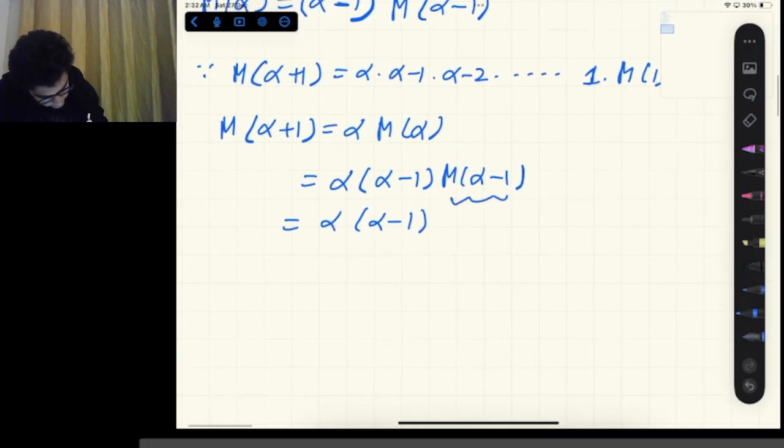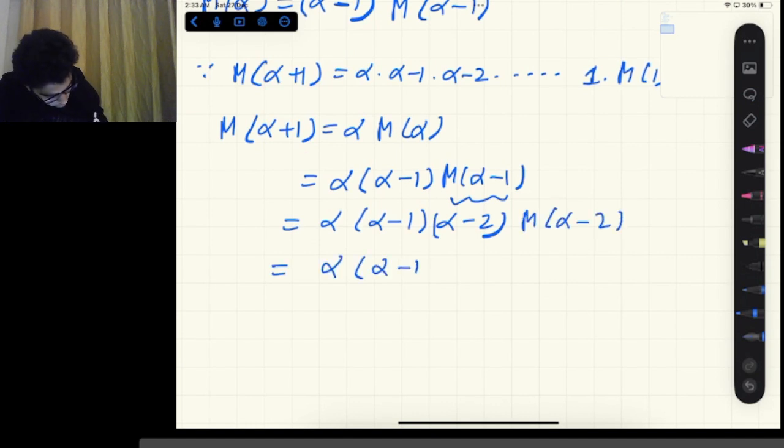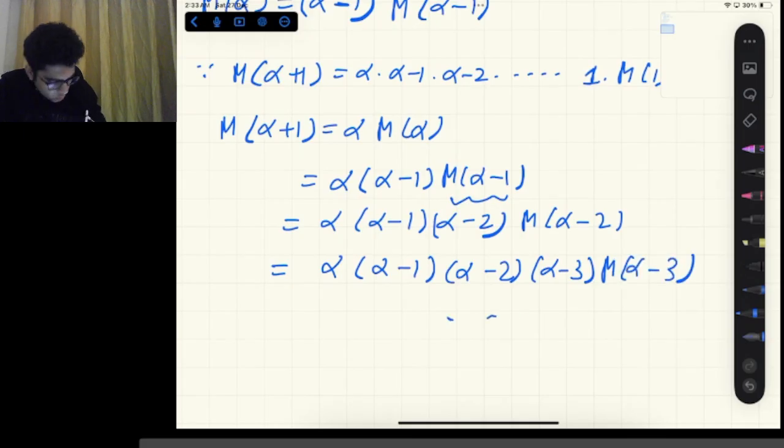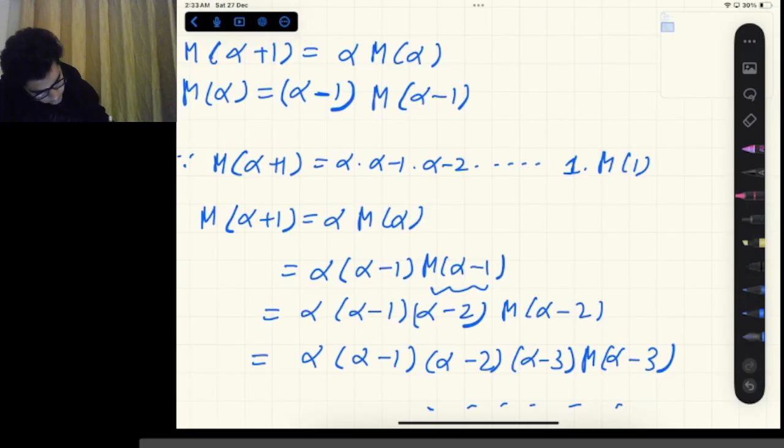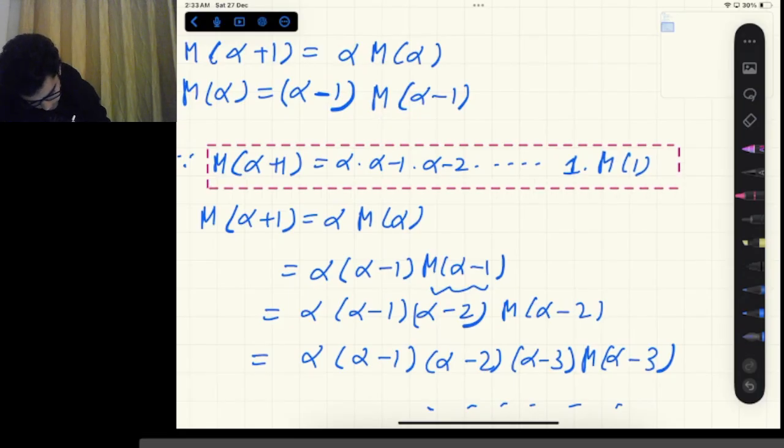Then this can be written as alpha into alpha minus 1 into alpha minus 2 gamma alpha minus 2, and so on and so forth, into alpha minus 3 gamma alpha minus 3, and as we go, we'll finally reach this result. This is our final result. Now I'm going to copy this.